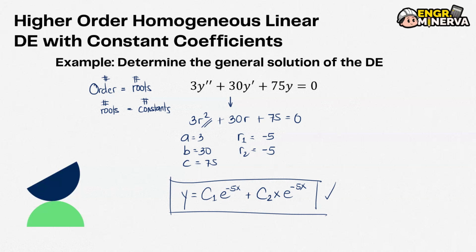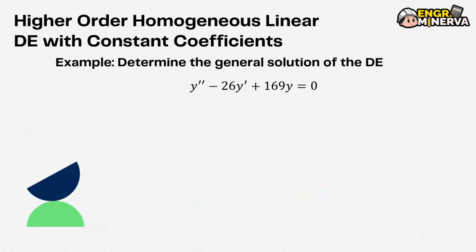Okay, next. Determine the general solution. Again, convert this into our characteristic equation. That would be r squared minus 26r plus 169 equals 0. So the value of A is 1, the value of B is -26, and the value of C is 169.